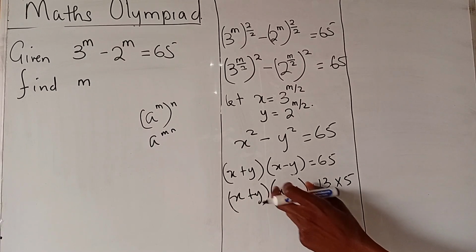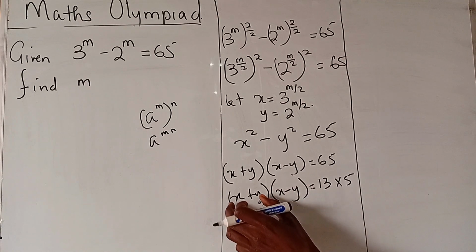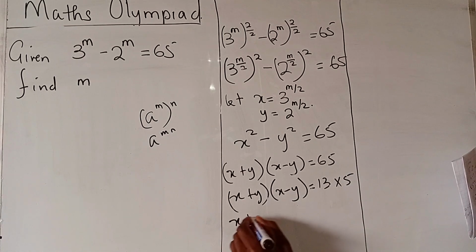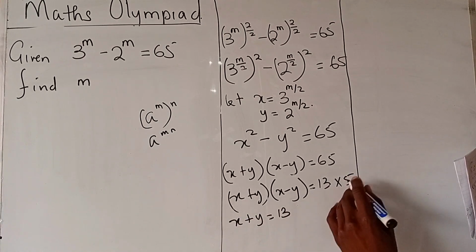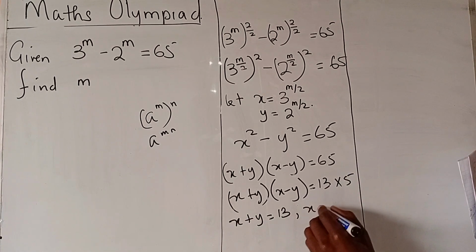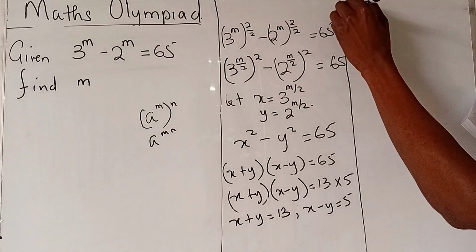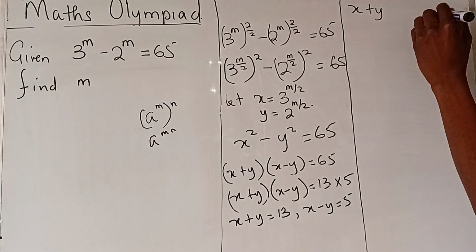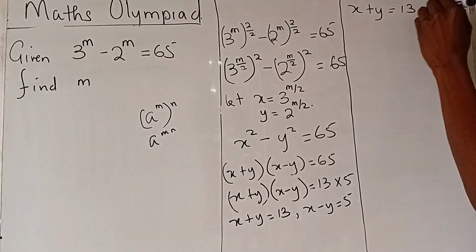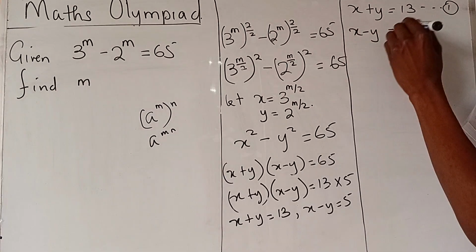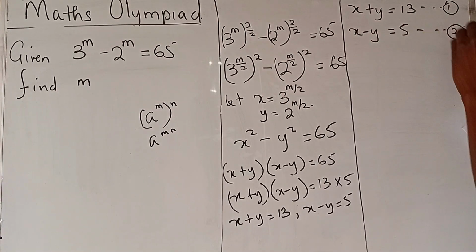It's going to be bigger or greater than x minus y, meaning that x plus y is the one that needs to take the bigger number here. So we have x plus y is equals to 13. Then we also have x minus y is equals to 5. Now this becomes simultaneous equations in which we have to solve for both x and y. So we have x plus y is equals to 13 as our equation 1, then x minus y is equals to 5 as our equation 2.